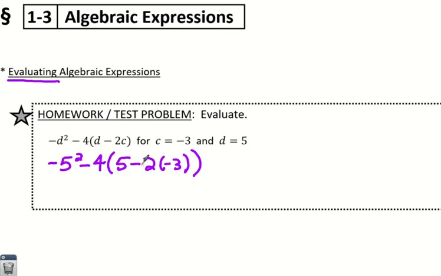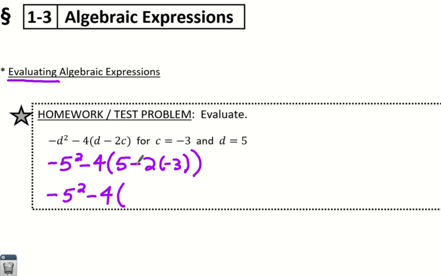So we have negative 5 squared minus 4, and then 5, you could save the minus and just do positive 2 times negative 3. And so you could just do 5 minus negative 6. Once again, if you save the minus for one step later, it would be like 5 minus negative 6.